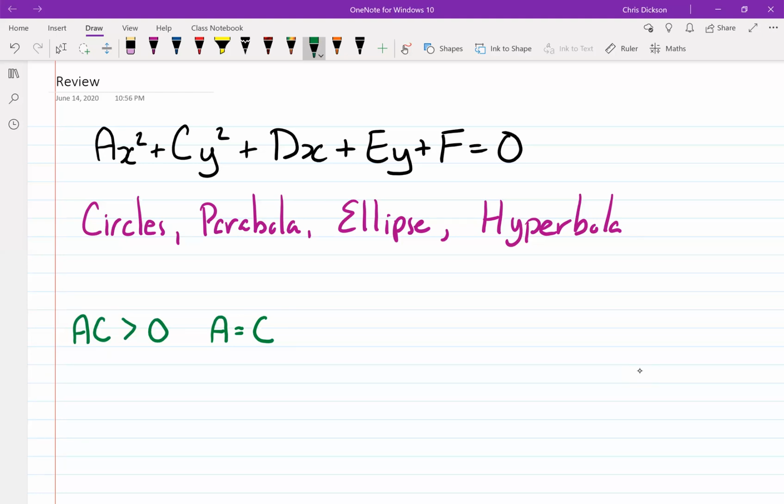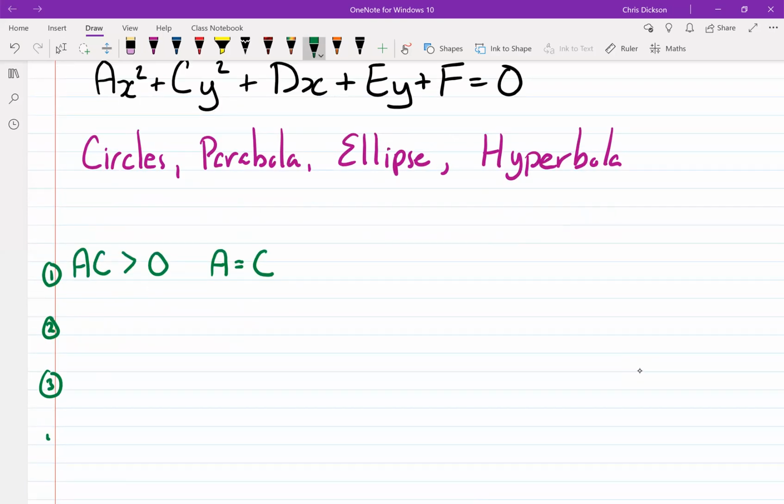So I'm going to write all 4 conditions down. I want to see if you can take a sec and match the conic shapes to these conditions. Let's say you're told that A is equal to 0 or the C value equals 0, but not both.